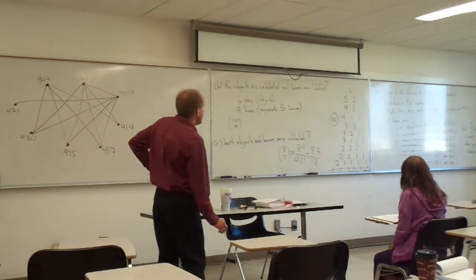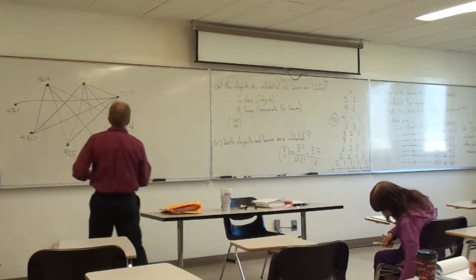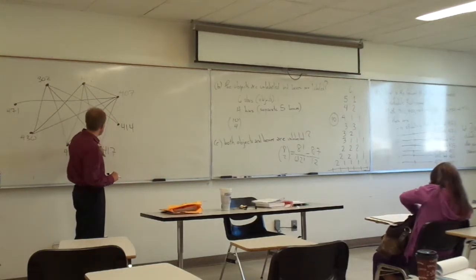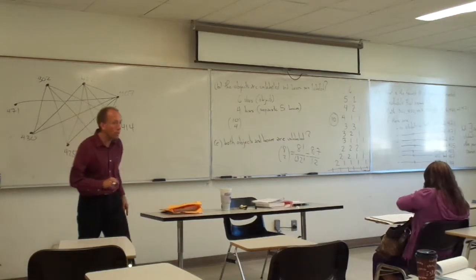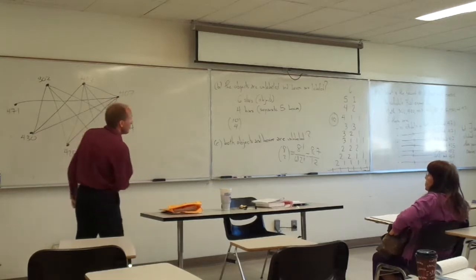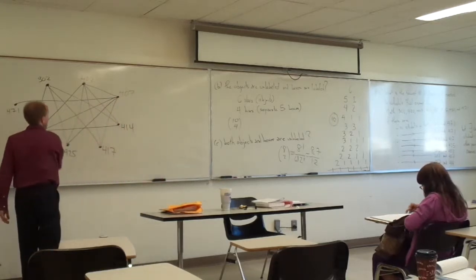414, there is no common student in, so I've already done these three, so I just have to look at the ones that are bigger. 417, there should be no edge there, because there's no common student. And 425, there should be no edge. But 414 and 430 should have an edge, right?